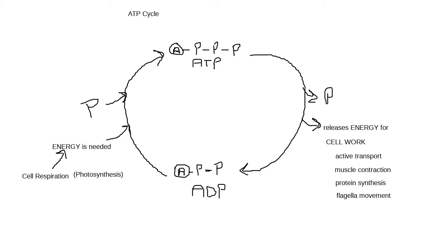And ultimately, we need to go back even further. What is cell respiration breaking down that is then being turned into a form of energy that can rephosphorylate the ATP? Ultimately, where is cell respiration getting that energy from to then make ATP?